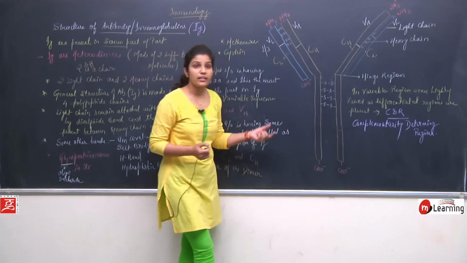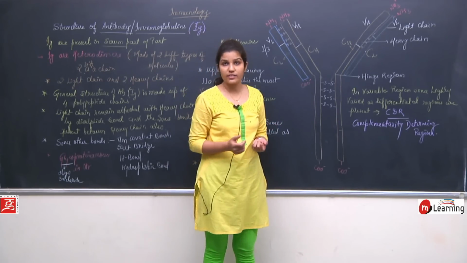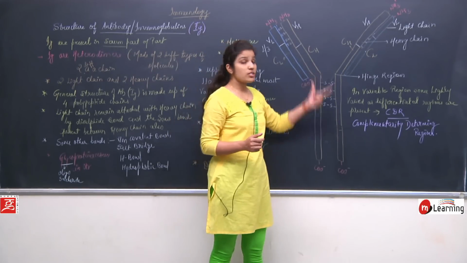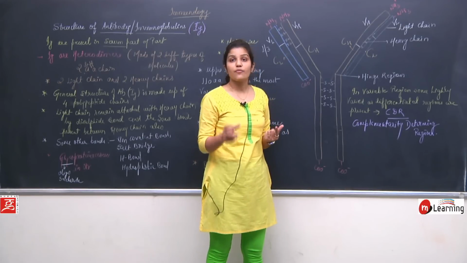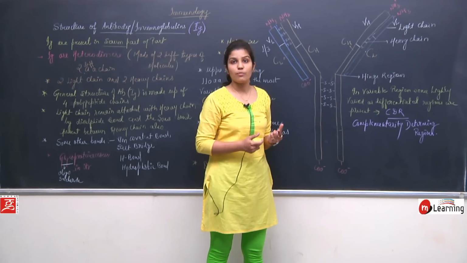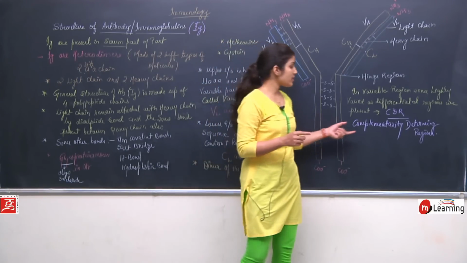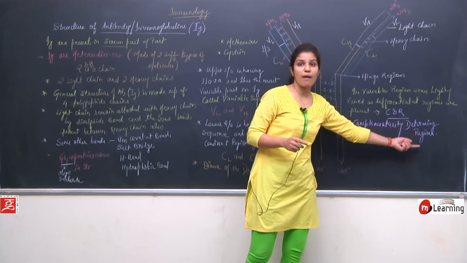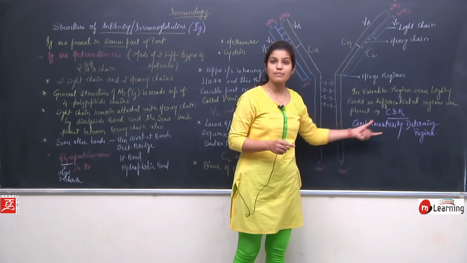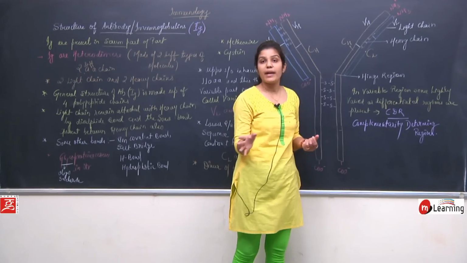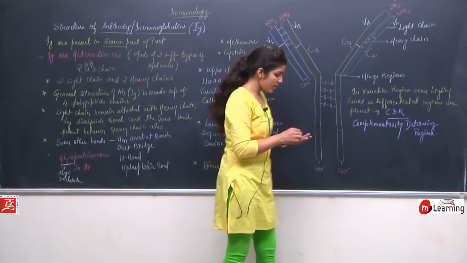Complementarity determining region, and this specific region is having antigen binding site. Okay, we know that in immunoglobulins, in antibodies, there are specific antigen binding sites. So where will these antigen binding sites be present? In the upper 1/3 part, which is known as the variable region of a particular antibody, and in that variable region there is one specific region known as complementarity determining region, where antigen binding sites are present.